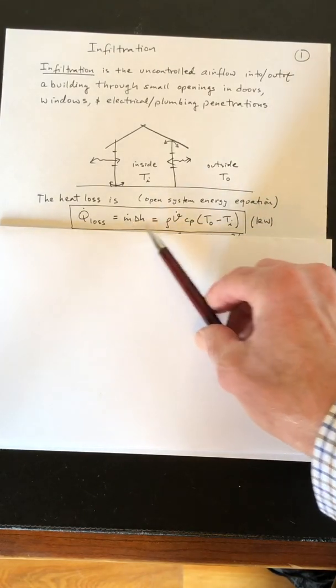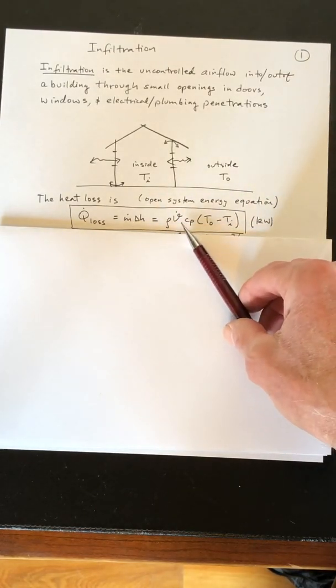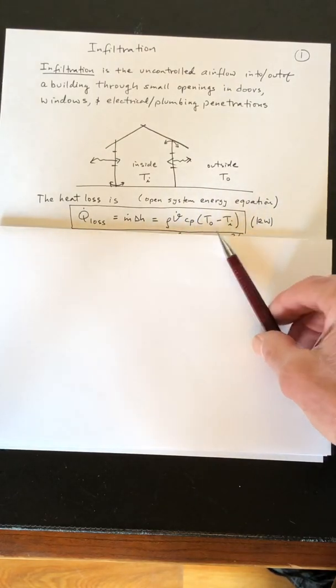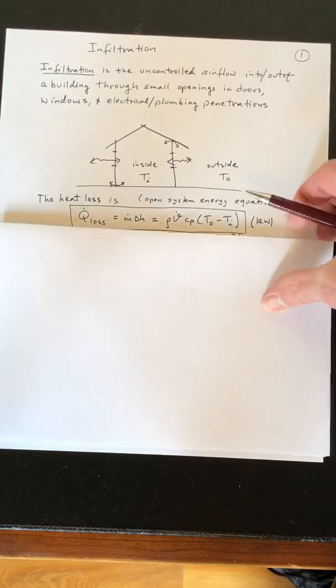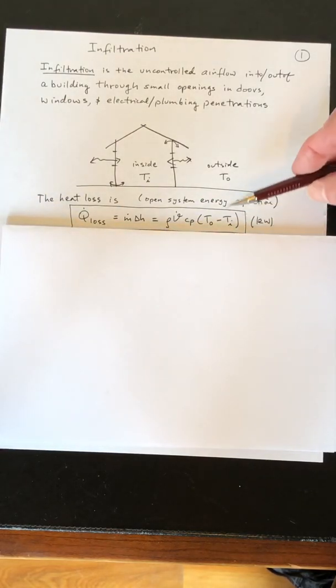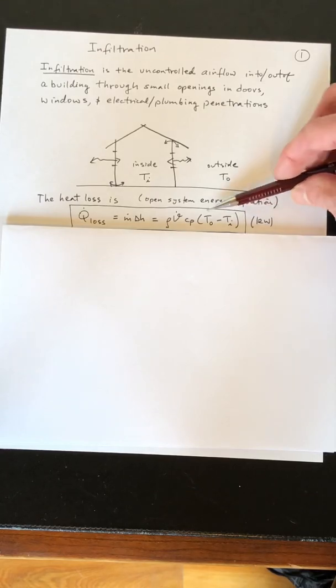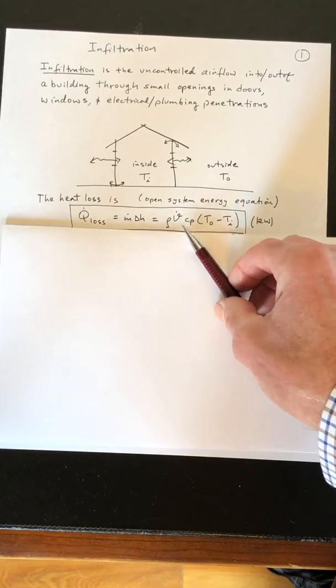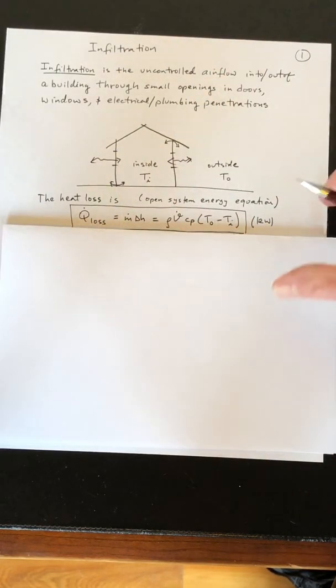The mass flow rate is converted into density times volumetric flow rate, and the enthalpy difference is converted to a C sub P times the temperature difference between inside and outside. And that's in kilowatts. So if we know the temperature differences between inside and outside, we just need to compute the flow rate, drop it into this equation, and we get the heat loss directly.